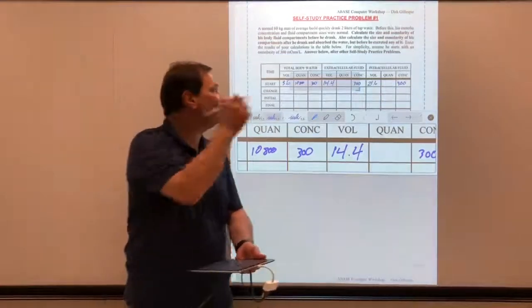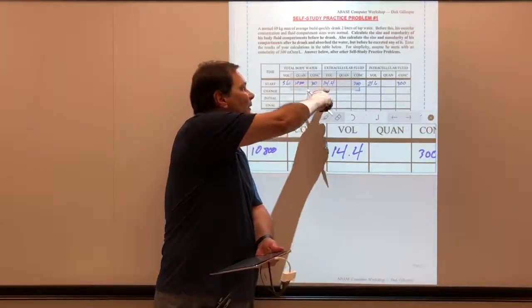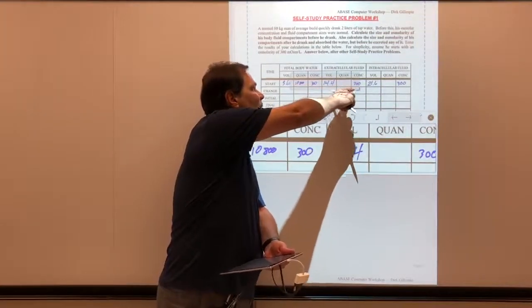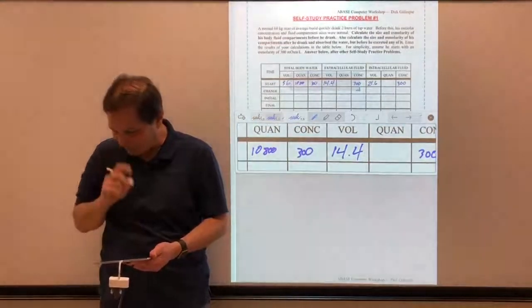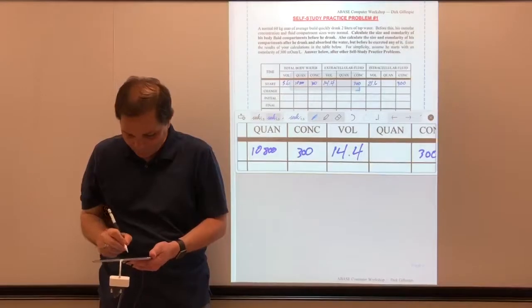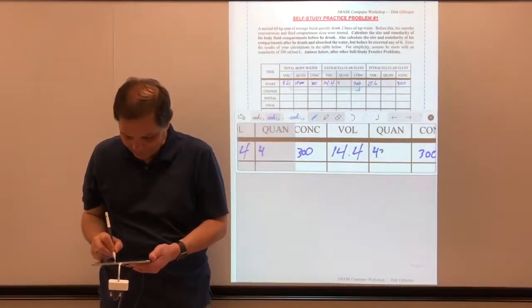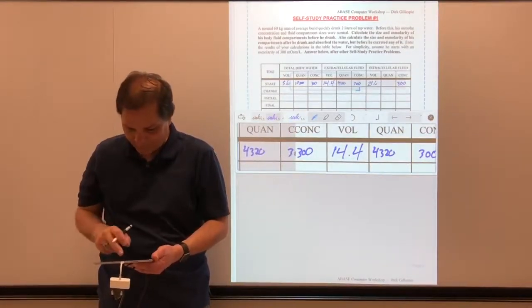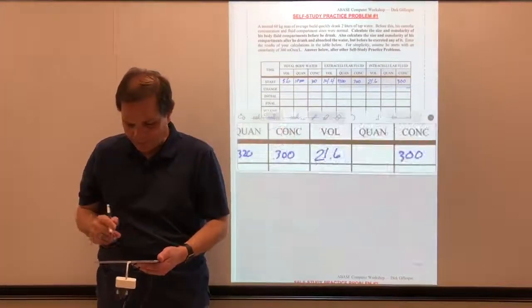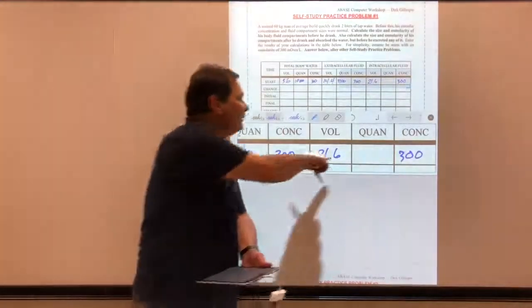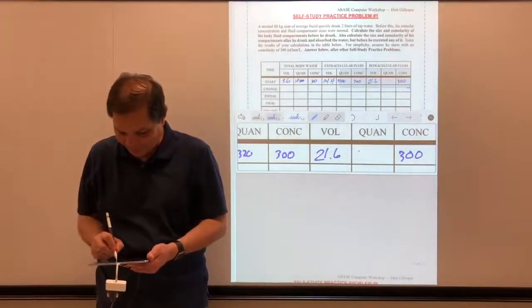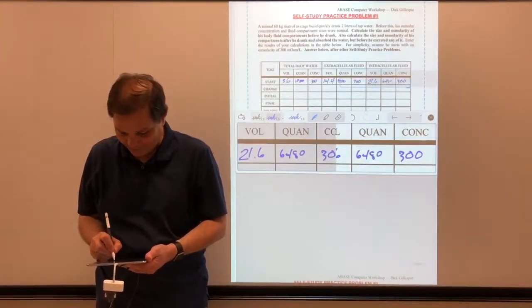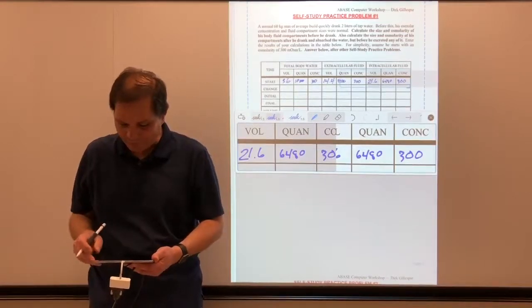So 40% of the fluid is in the extracellular fluid. 14.4 times 300 is equal to 4320. I did this in advance. And 21.6 times 300 is equal to 6480. Okay?